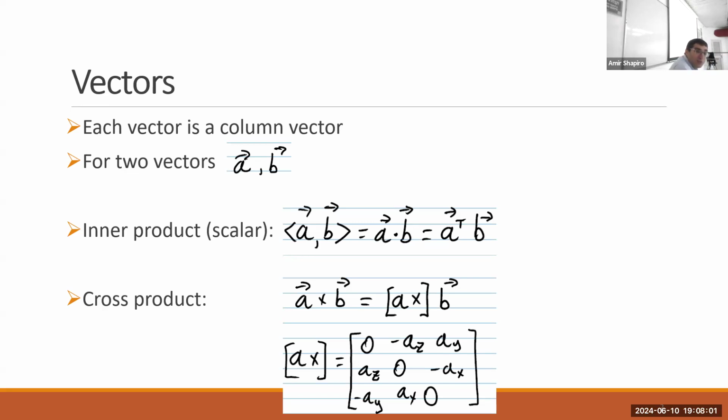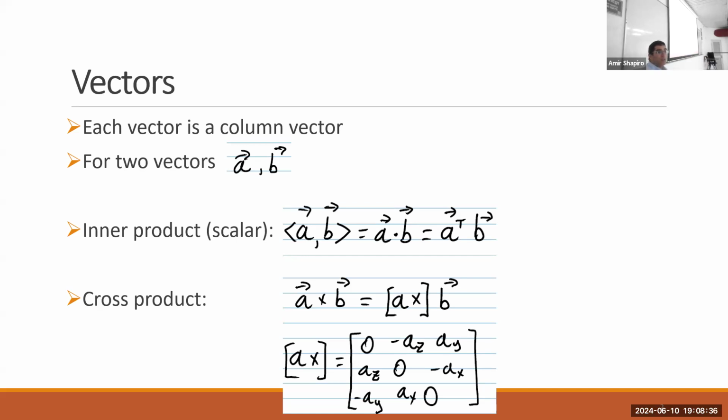For two vectors, we have the scalar product, the inner product, which is A dot B, and we can write this in a matrix format as A transpose, which is a row vector, times B, which is a column vector. So it's simply a way to write this in matrix form.